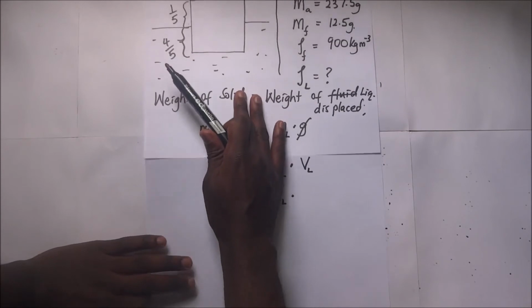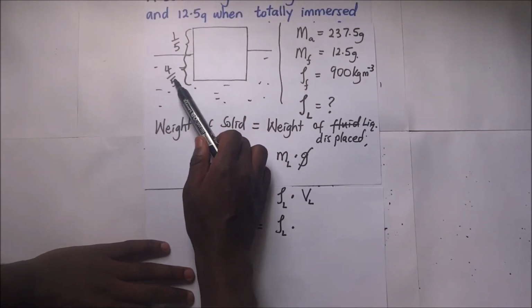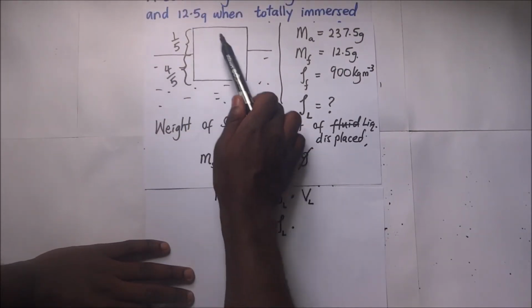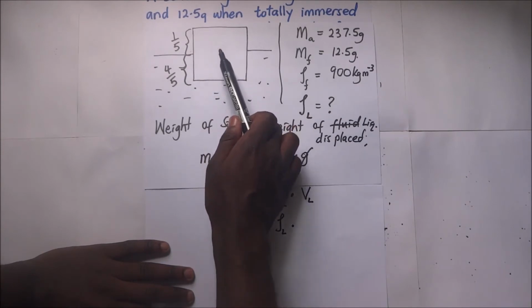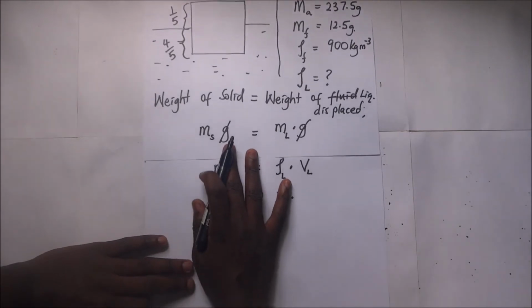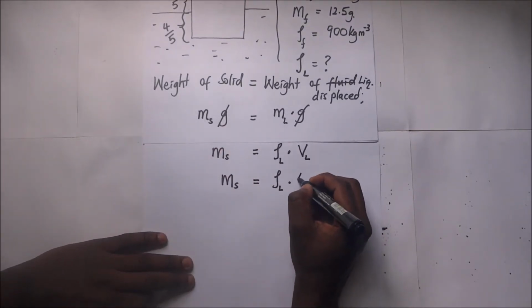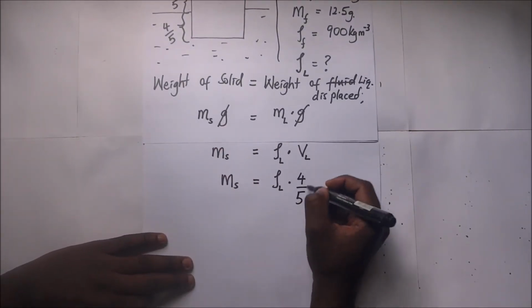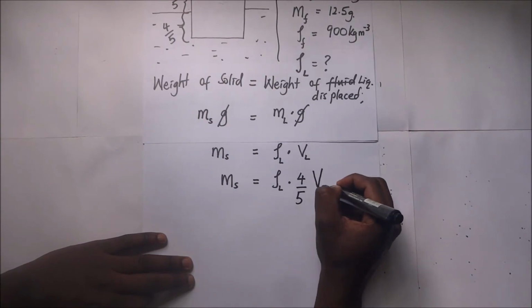So 4/5 of the volume of this solid that was submerged is equivalent to the volume of the liquid that was displaced. So it's going to become, multiply that by 4/5 of the volume of the solid.